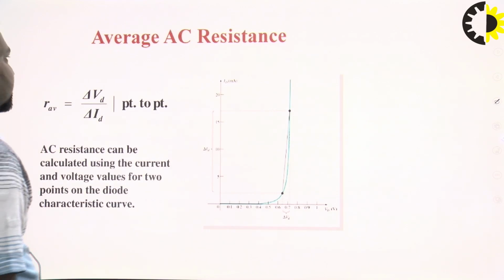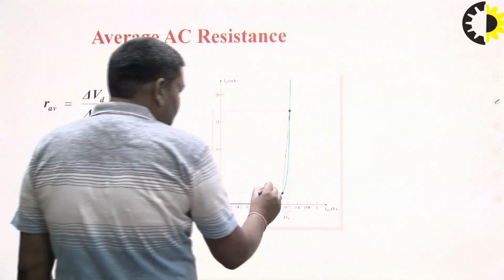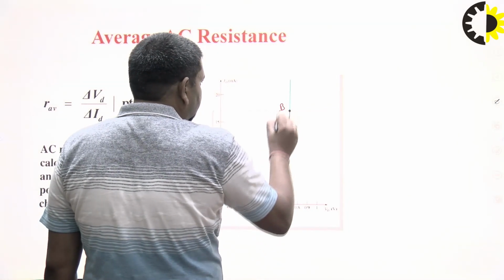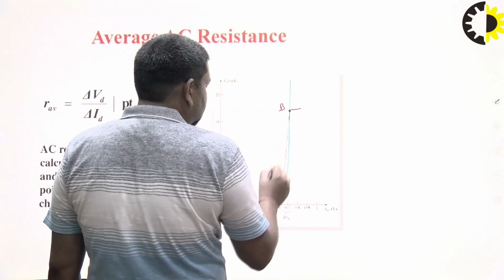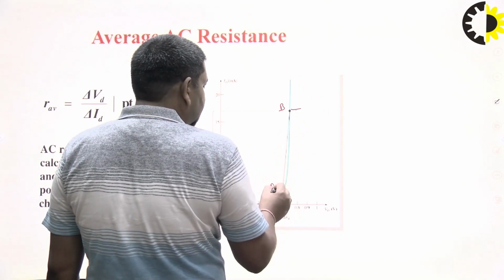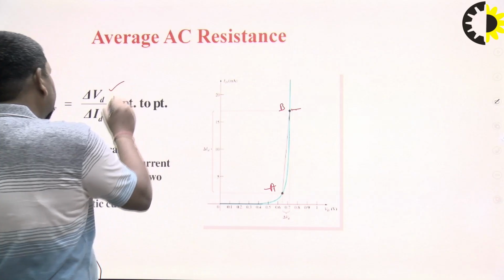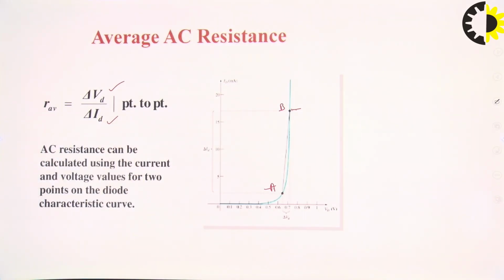This is the average AC resistance. How do we calculate the average AC resistance? In that particular path A to B, this is the final voltage, this is the initial voltage. So final voltage minus initial voltage upon final current minus initial current, that is delta VD upon delta ID. By using this formula, we calculate the average AC resistance in that particular path.